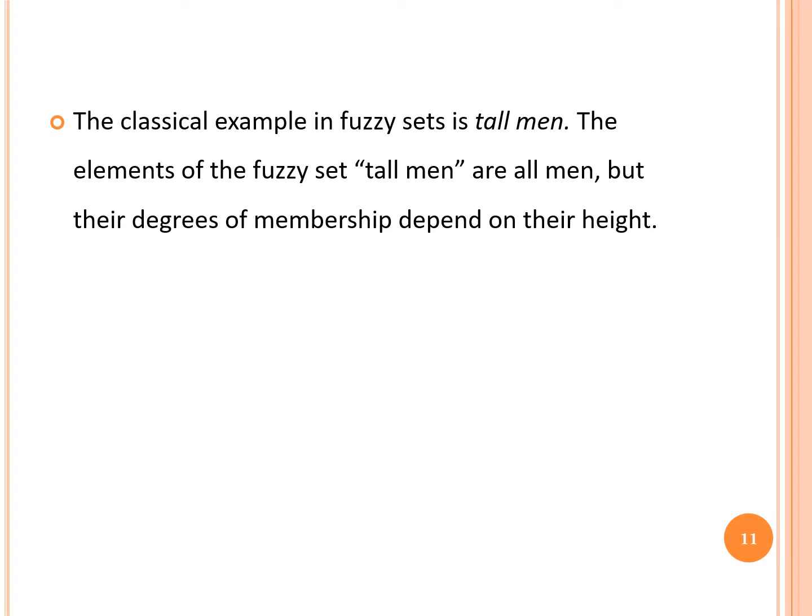The classical example of a fuzzy set is tall men. This is what we discussed previously. The elements of the fuzzy set of tall men are all men, but their degrees of membership depend on their height.